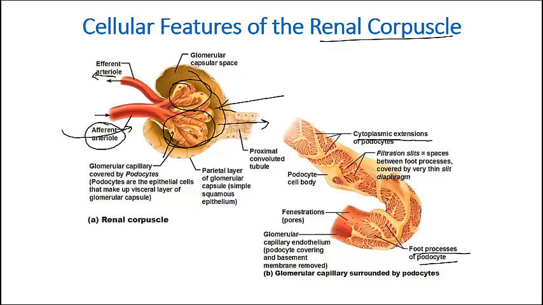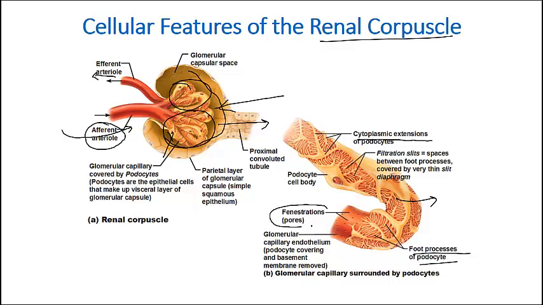So what happens is, any substance being filtered must pass first through all these fenestrations and through the basement membrane, and finally through the filtration slits that are produced here by the podocytes. So that will properly filter out all the solutes that we need to filter out.